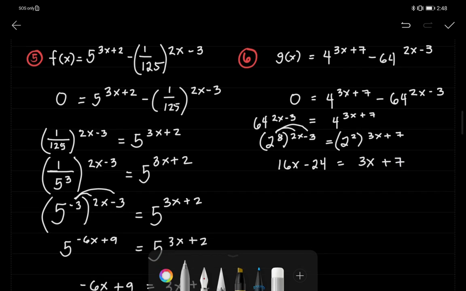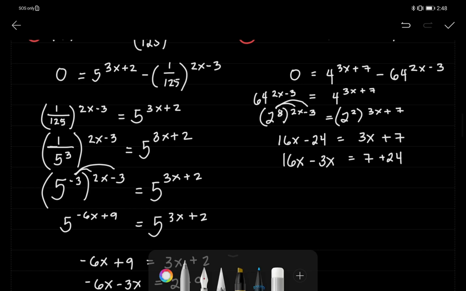Then, solve for the value of x. So, this is 16x minus 3x. Nilipat lang natin yung positive 3x. Then, which is equal to, bring down yung 7. Lipat yung negative 24 magiging positive 24. So, 16x minus 3x, this is equal to 13x which is equal to 31.